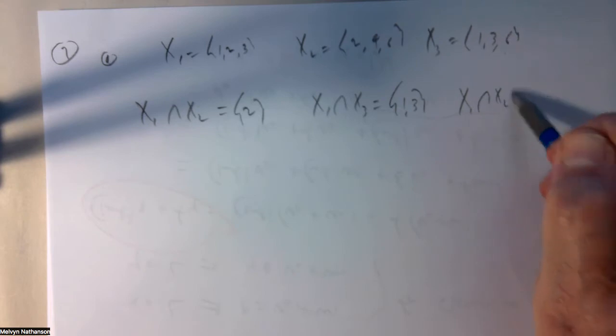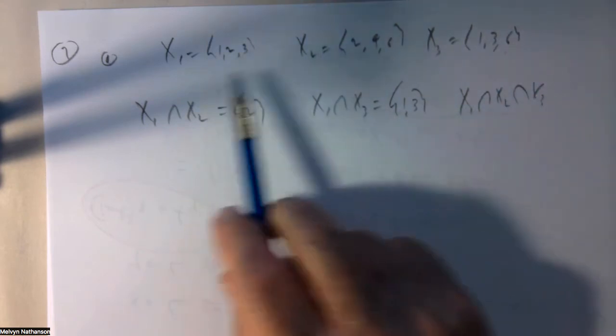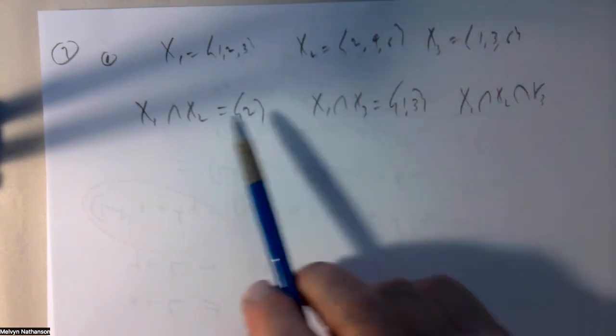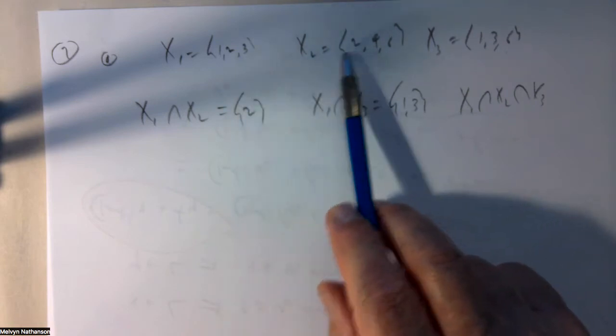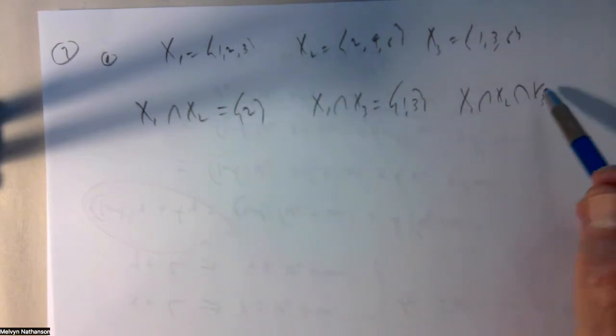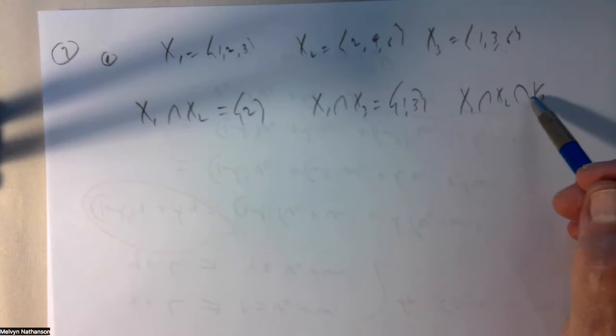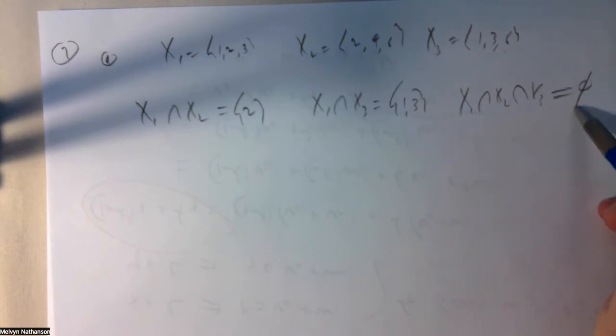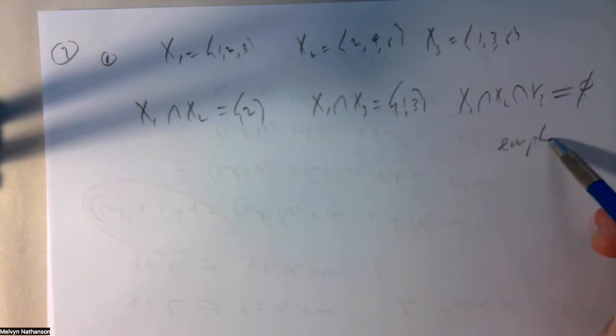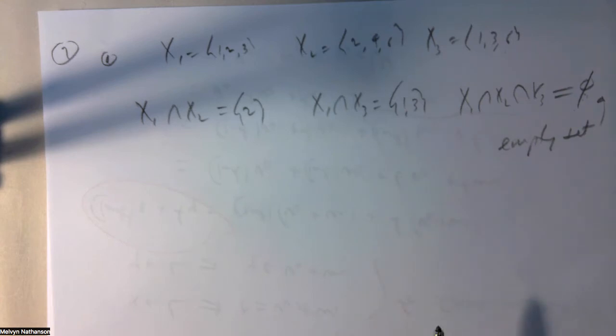X1 intersect X2 intersect X3, that's everything that's in all 3 of these sets. The only thing in X1 and X2 is 2, but 2 is not in X3. So there's nothing in this intersection of the 3 sets. This is the empty set. And that's the notation for the empty set.